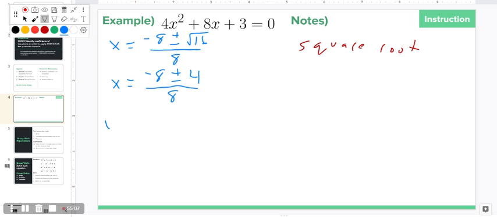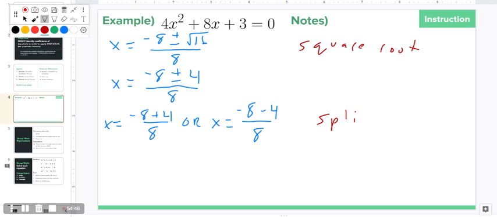We're going to have x equals negative 8 plus 4 divided by 8 or x equals negative 8 minus 4 divided by 8. So on our right-hand side, let's add a quick comment that we are splitting up our formula here. And we're going to go back and we're just going to solve this both ways.